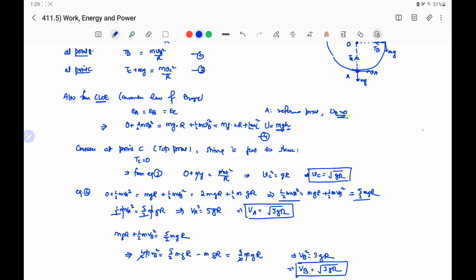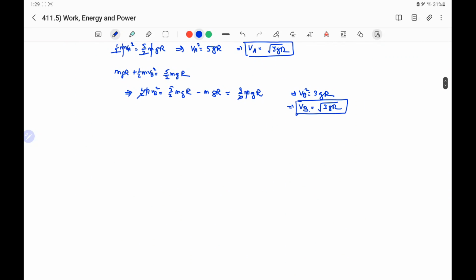Now using the equation numbers 1, 2 and 3 and the velocities calculated at points A, B, C, we can find the tension at the points A, B and C in the string. So for calculating the tension, we have the relation that TA minus mg equals m vA square by r, and we have calculated that vA equals root 5gr.